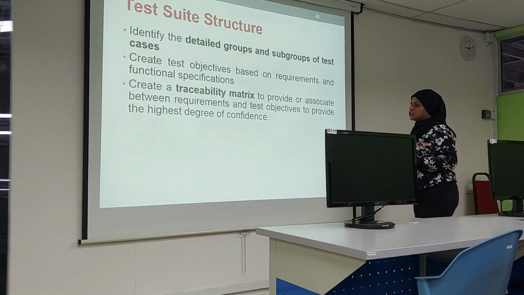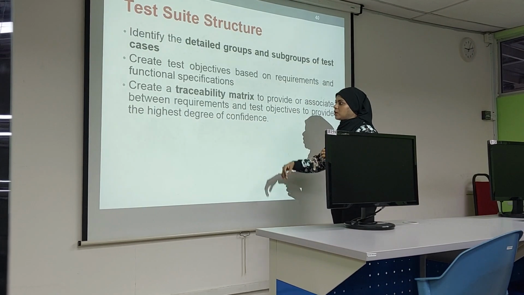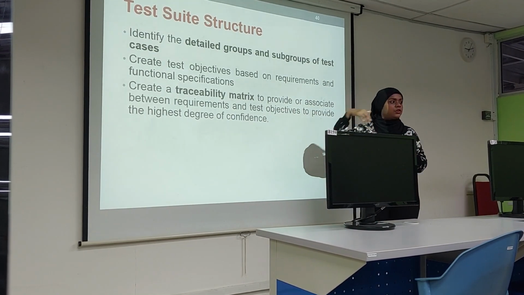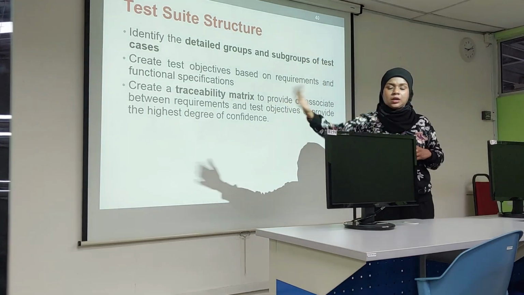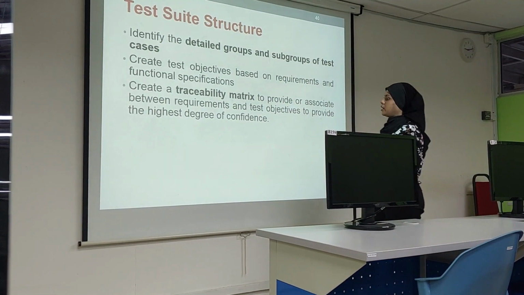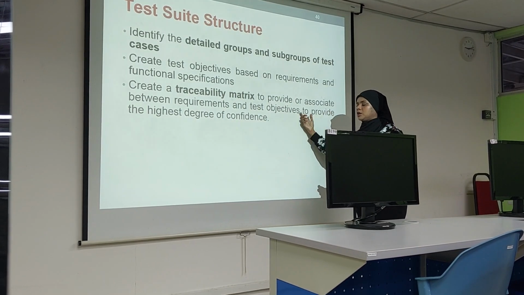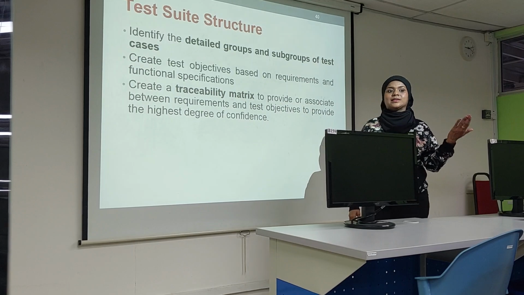Okay. So this is to create the test objective based on the requirement, the functional specification, which we identify in the test plan first. Then create a traceability matrix to provide an association between the requirement and the test objective. So we call back SRS.